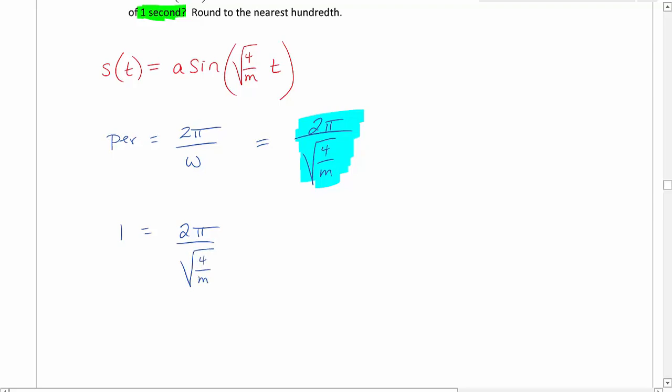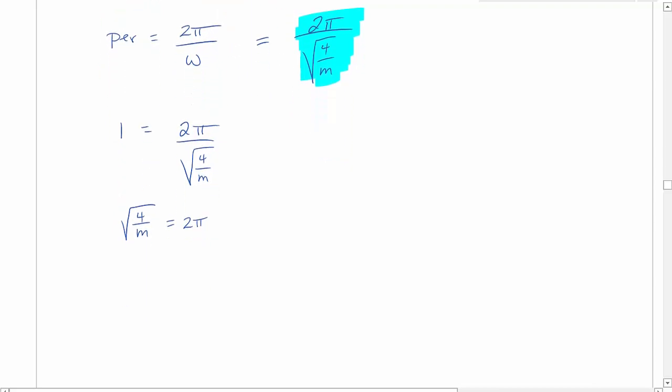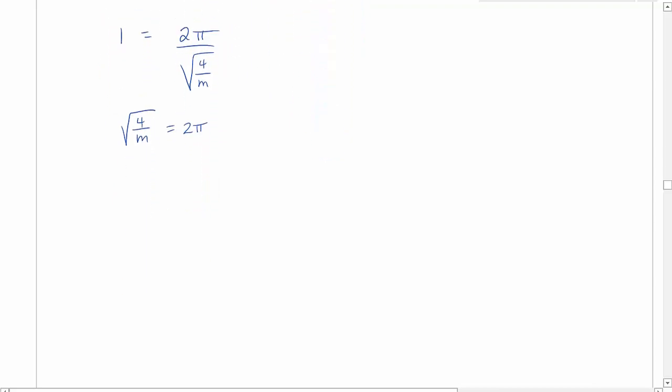I'm going to cross multiply. Square root of 4m equals 2 pi. Next we'll square both sides. Gives us 4 divided by m equals 4 pi squared.